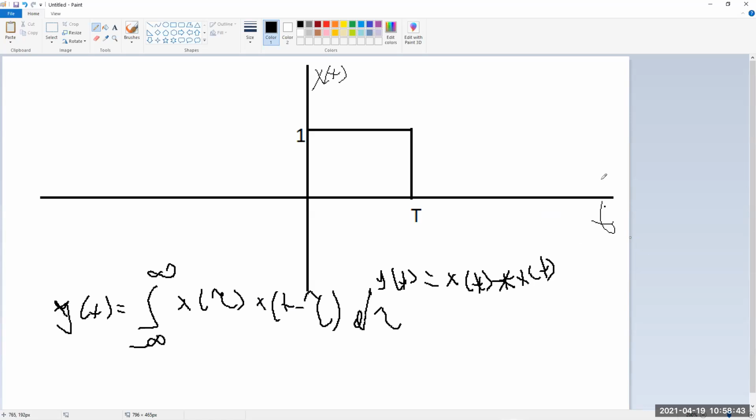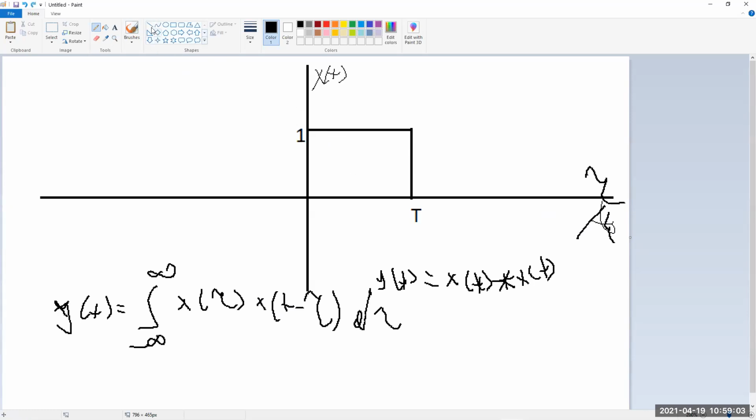First of all, we will make this axis tau, and we got one x(t), and we need to shift the other one.